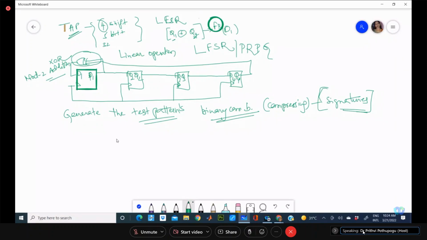Now, say if you have an n-bit shift register, normally a shift register is the operation of shifting the data from one side to the other, a directional change of right shift or left shift, or we can do the operations serial or parallel.